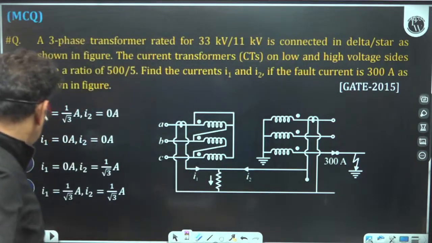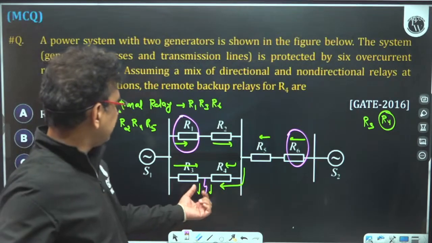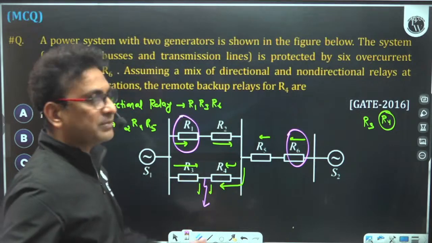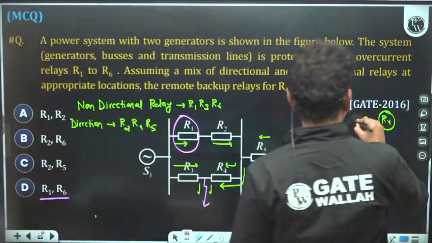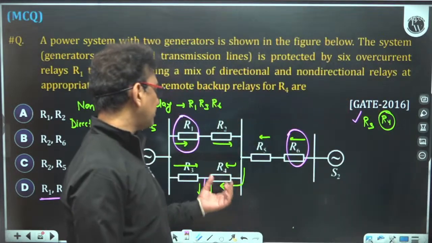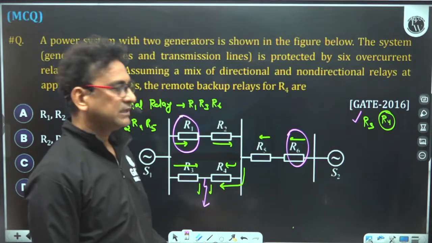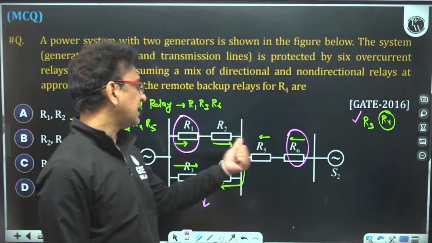No, R3 will operate definitely. When the fault occurs between R3 and R4, R3 and R4 should operate. R3 is operating; only R4 has failed to operate. I am saying if R4 fails to operate, then which of these relays will provide backup protection? If R4 does not operate, then R1 and R6 will operate.